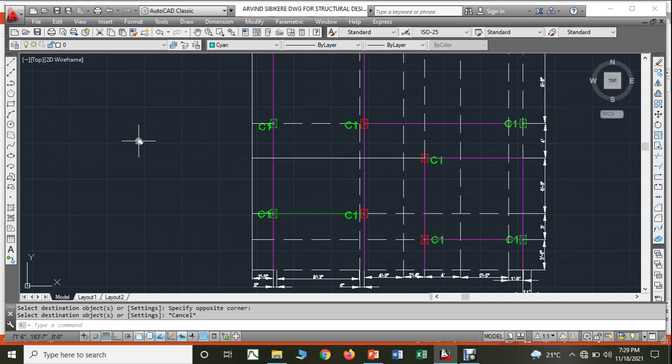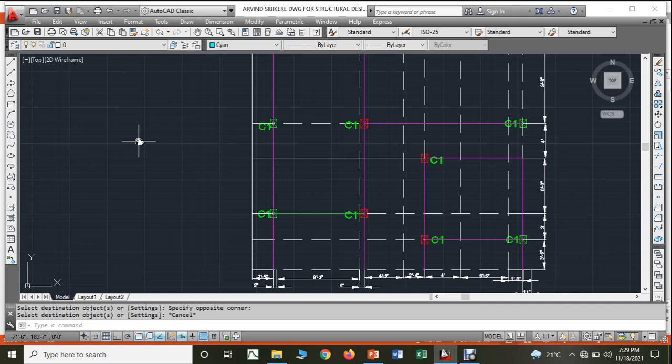Now, while deciding the preliminary dimension of the column, there are two concepts that we have to keep in mind: what should be the shape of the column, whether it is a rectangle or a triangle or a square or any other shape, and what should be the dimension. So these two things we have to keep in mind.